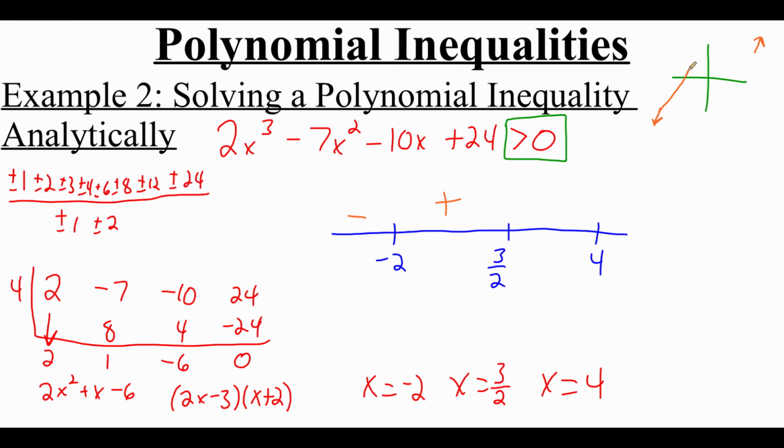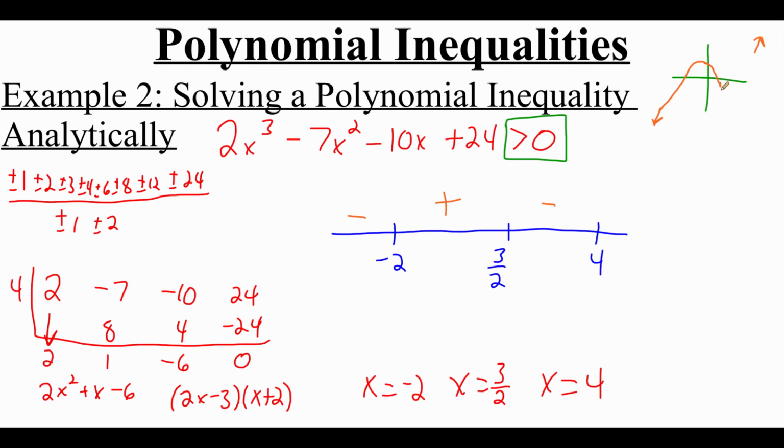But then our graph is going to have to turn back around because we've got another 0 happening at 3/2. And again, we've got a multiplicity of 1 there, so our graph is going to have to cross through the x-axis. And now it's going to be below the x-axis, so these values are going to be negative.